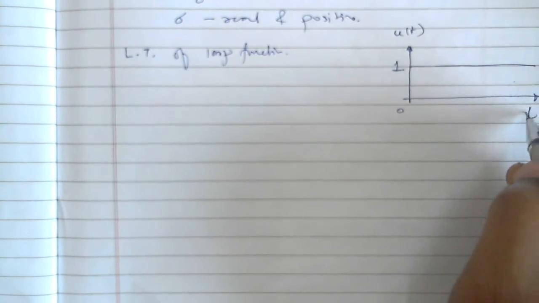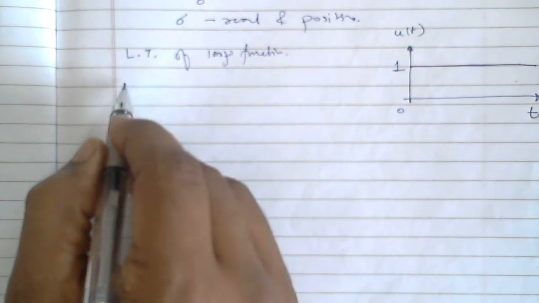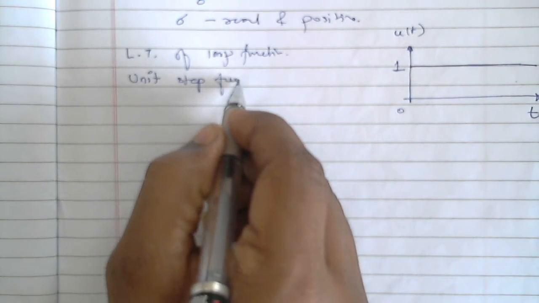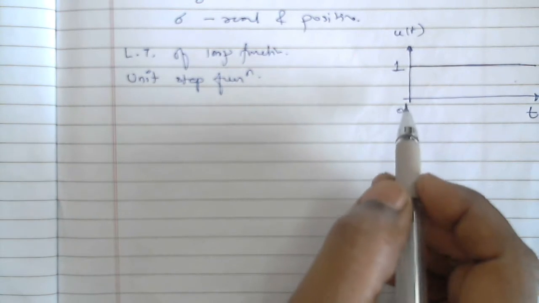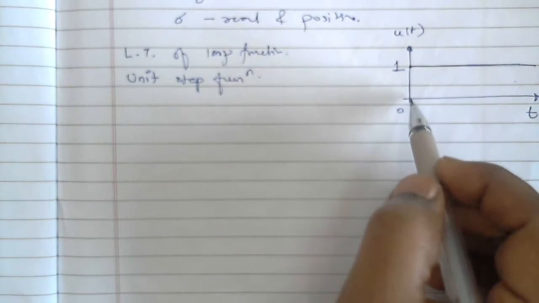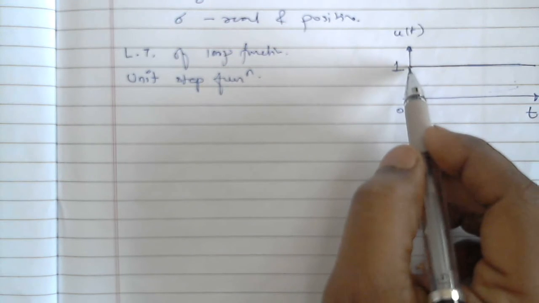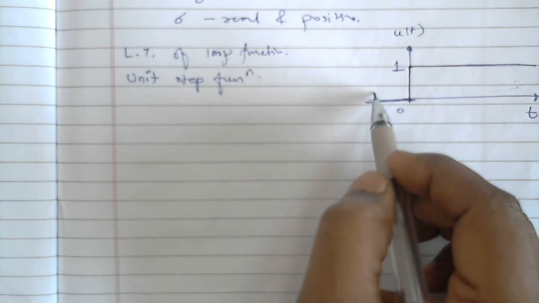Now for the unit step function, you can see there are two conditions. When t is greater than 0, then it has value 1. If t has value less than 0, then it is 0, right?